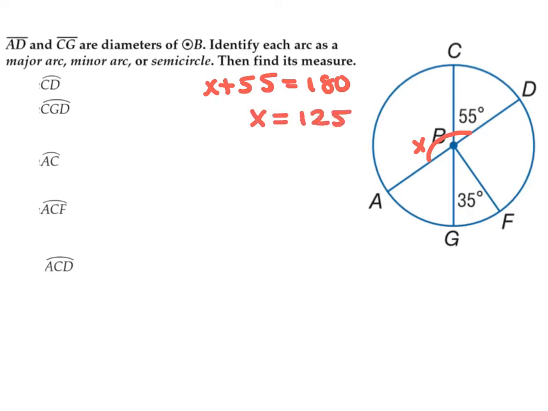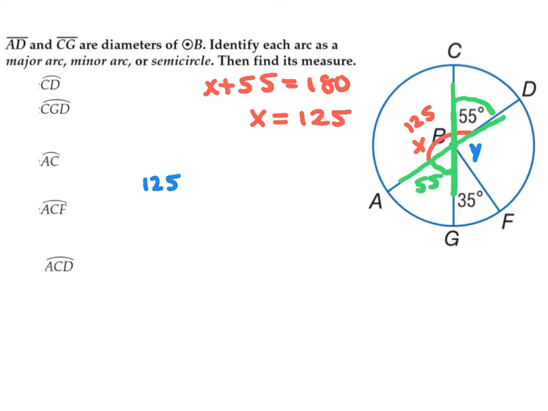So I can fill in that this arc is 125. Now from there, we could potentially use vertical angles because we have that these two diameters form straight lines and are straight across from each other, giving us that this angle is 55. Now we have all the angles except for this last angle over here, and we know that all the angles in a circle, or all the arcs, always add to 360.